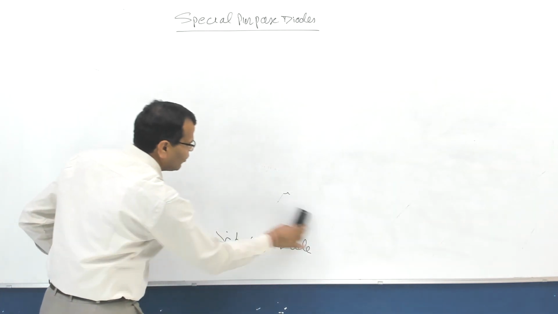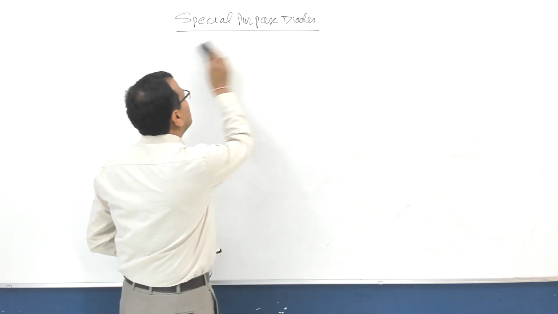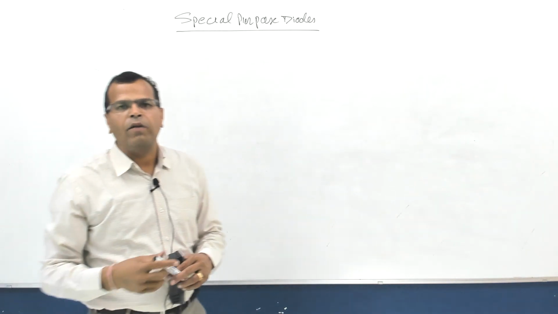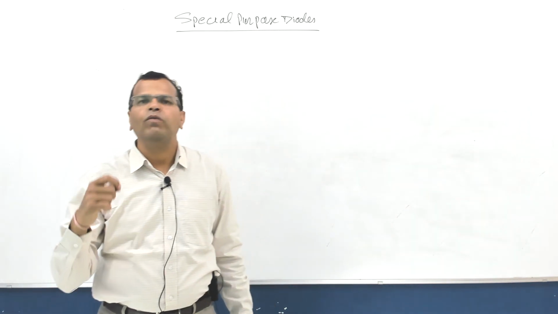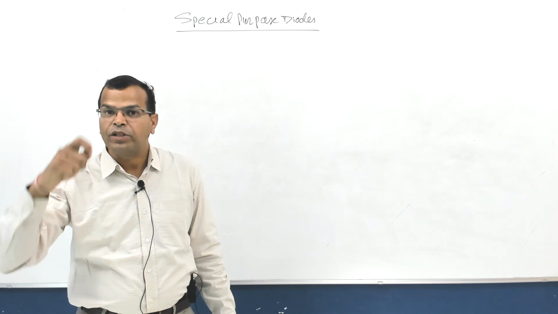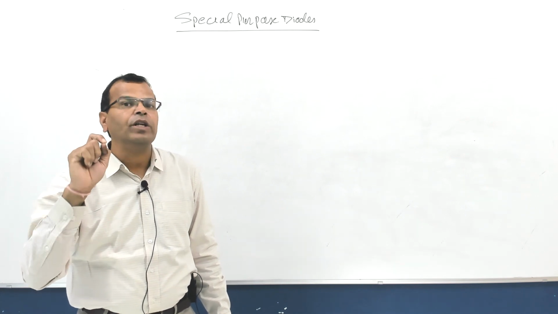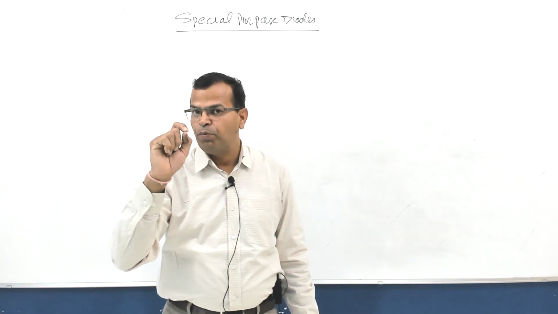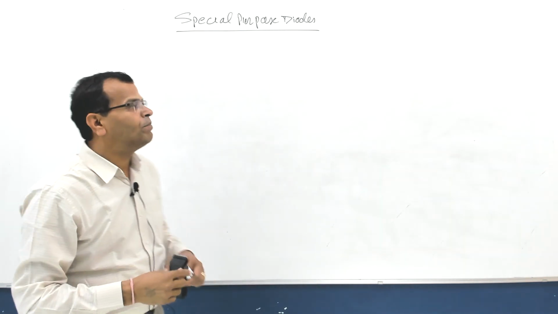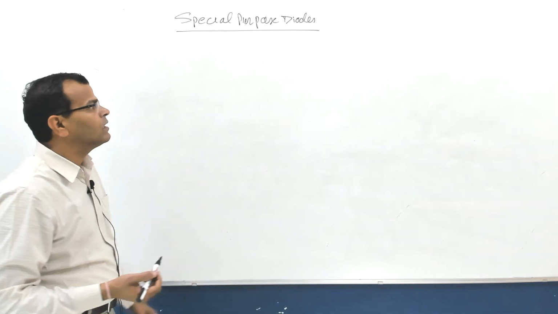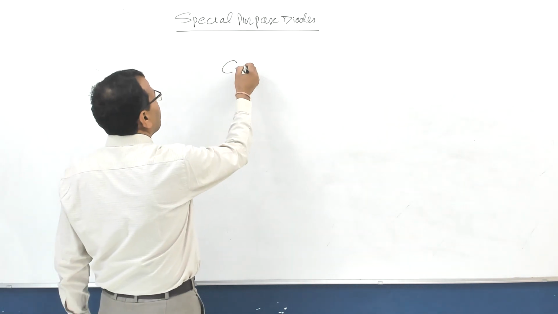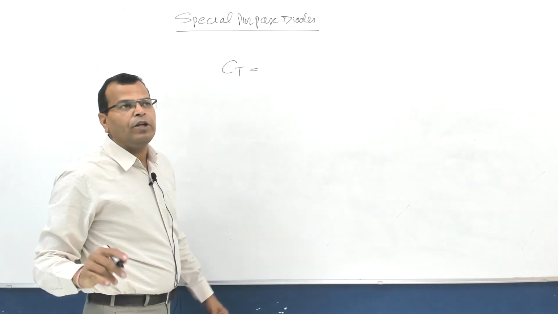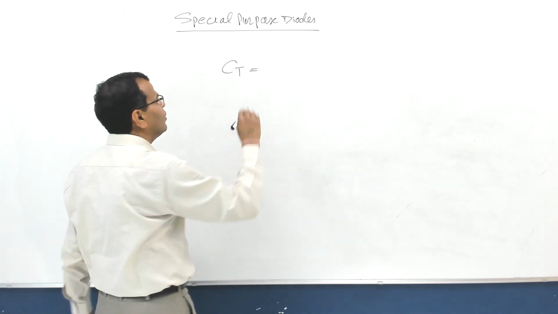A Varactor diode, if you recall, basically works on the principle of change in junction capacitance under a reverse biased mode. When a PN junction is reverse biased, the transition capacitance will vary with voltage.